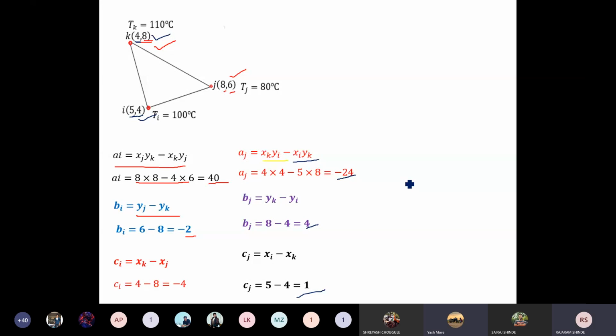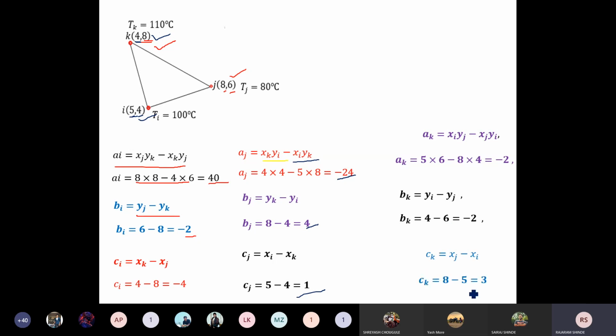If you have doubt, you can ask me. Next is ak. ak is xi yj minus xj yi. Now this becomes 5 into 6 minus 8 into 4. bk is yi minus yj, bk is this one, minus 2. ck is xj minus xi, and ck is this one.